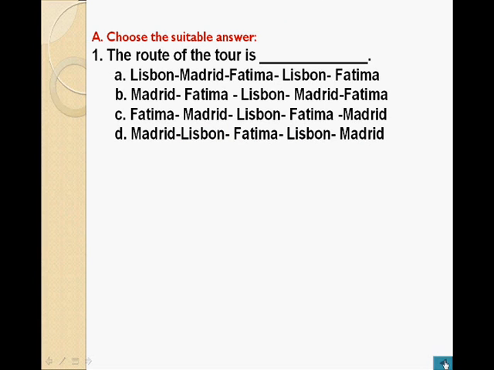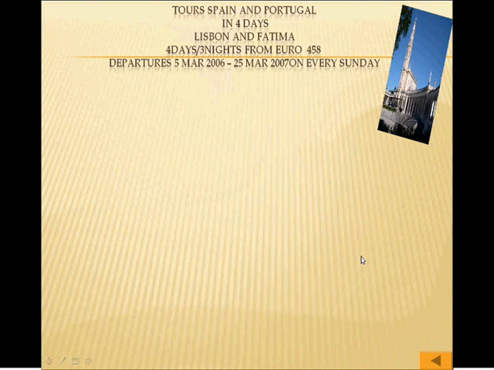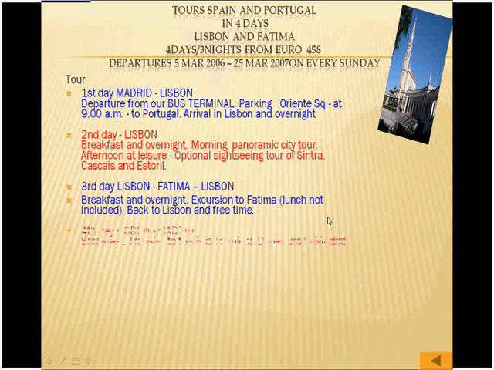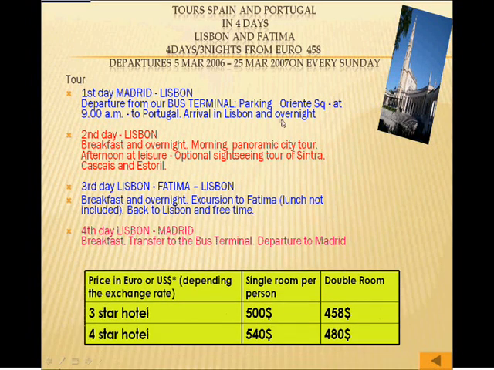So let's go back to the passage and find the answer. Remember the question. It's the route of the tour, okay? So it starts from where and ends where.